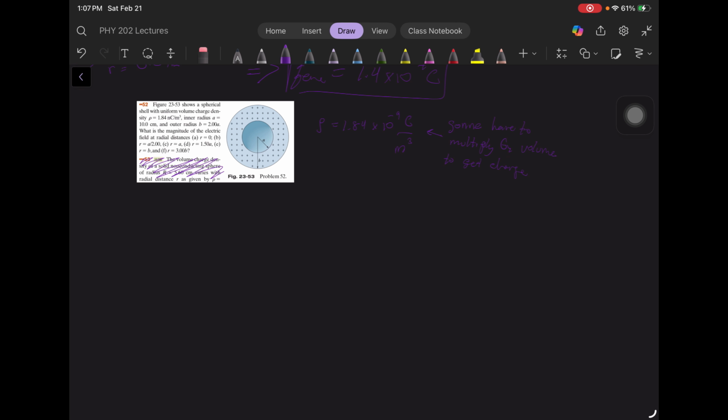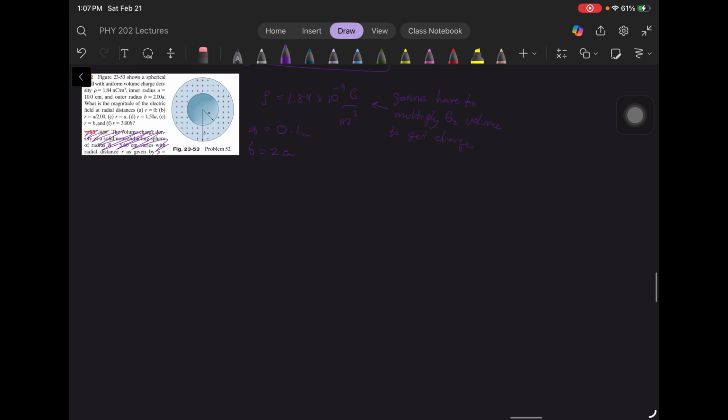So a plan is already starting to form. We're given A is equal to 0.1 meters, B is equal to 2A. Let's go ahead and get started. To start, let's draw some pictures. Let's see, charge is yellow.